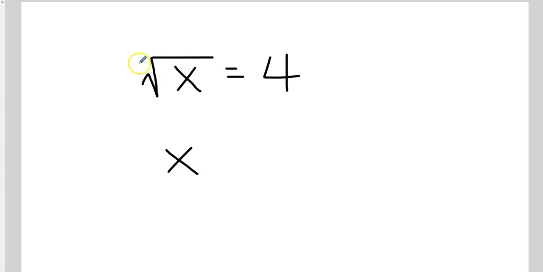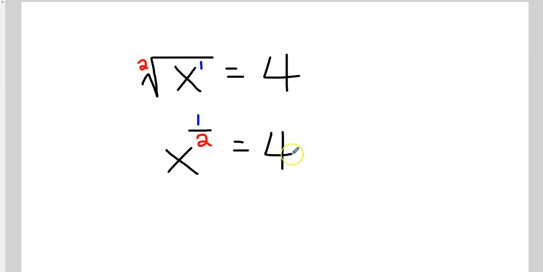Our index on the outside is a 2, so the bottom of our fraction is going to be a 2. And the top of our fraction is going to be the power of the x. We have a power of 1 here, so the top of our fraction is going to be a 1.